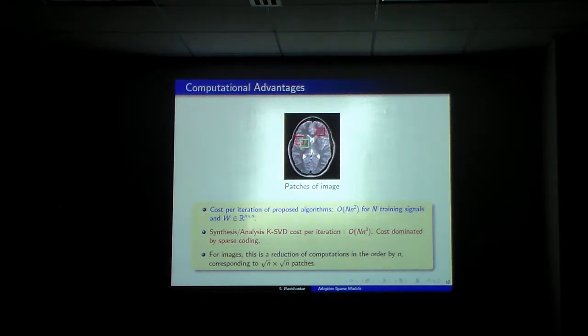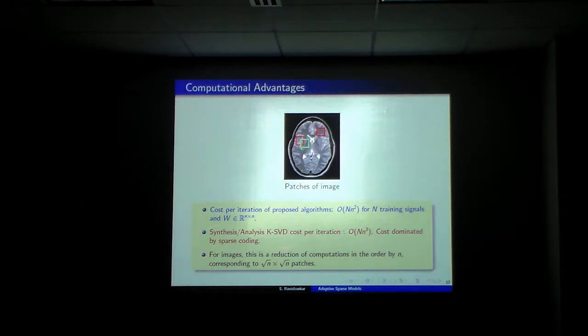Okay, so we have this nice alternating minimization algorithm, and we wanted to do this transform learning because the other alternatives like dictionary learning suffered from a high computational cost. So do we have what we want? We do. If you look at the computational cost of the proposed alternating minimization algorithm, it scales as N n squared, where N is the number of training signals and n squared is the square of the size of the training signals.